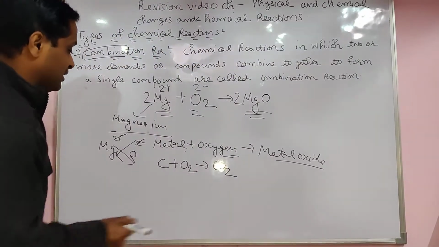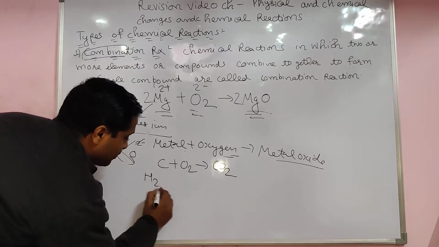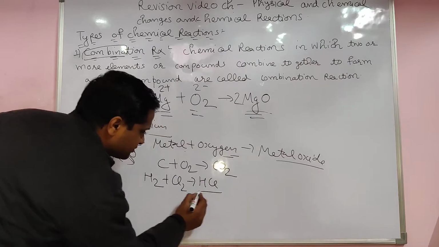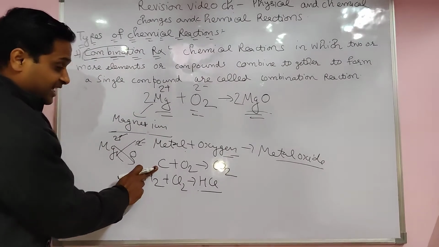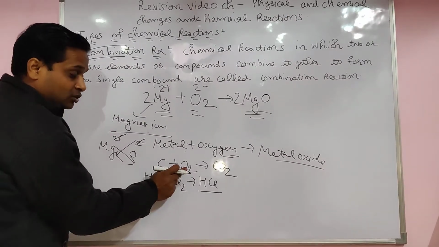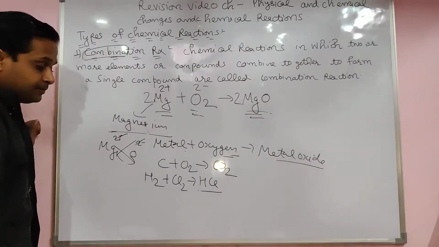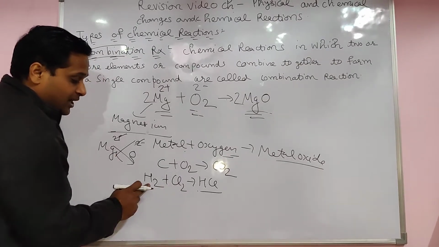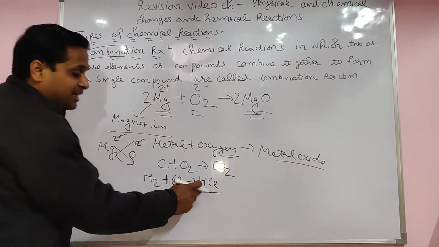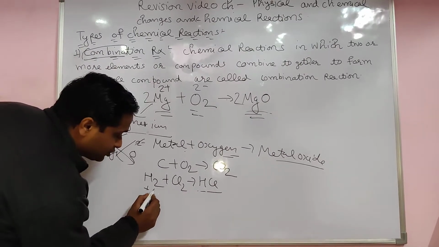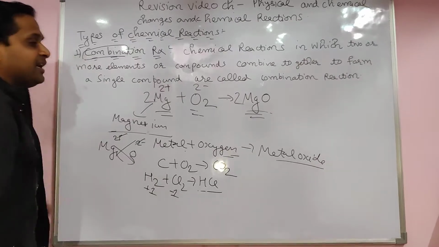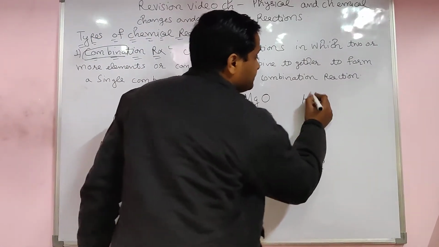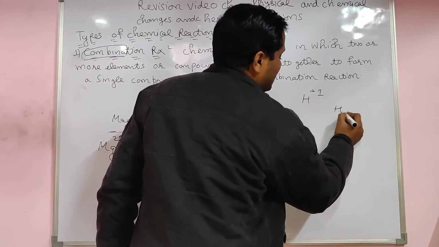Any other example? H2 plus Cl2 reacts to give HCl. This reaction is non-metal plus non-metal, forming HCl. When hydrogen reacts with chlorine, it forms HCl, because hydrogen is 1 positive and chlorine is 1 negative. You know hydrogen is of two types, 1 positive also and 1 negative also.